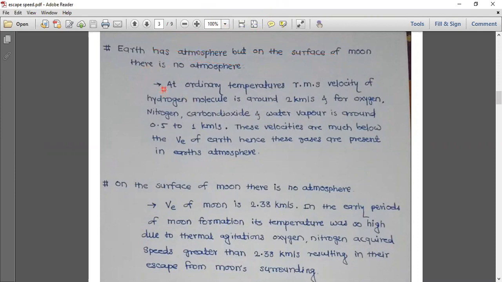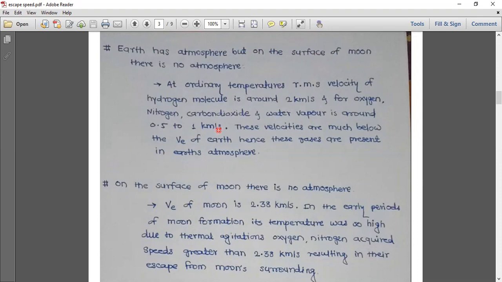See, at ordinary temperatures, the RMS velocity of a hydrogen molecule is around 2 km per second. And for oxygen, nitrogen, carbon dioxide, and water vapor, it is around 0.5 to 1 km per second. Means these are the gases and water vapor which exist in the Earth's atmosphere.